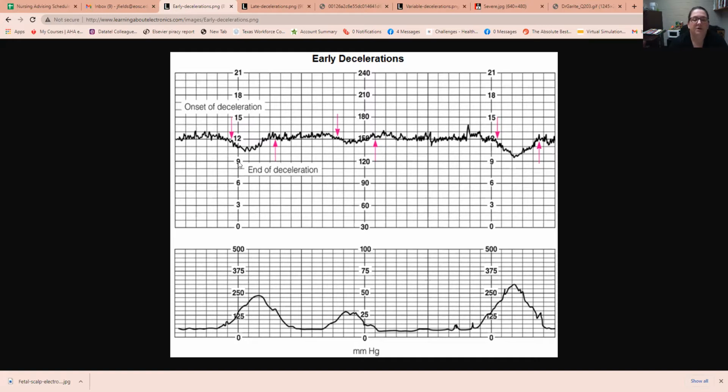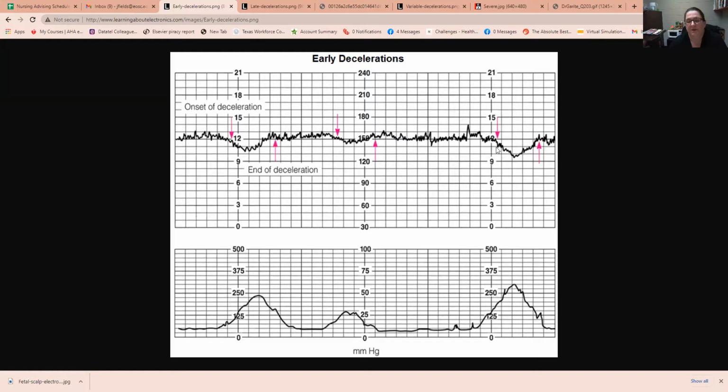But we have some early decels. This decel starts as the contraction starts. It ends as the contraction ends. So if you're not sure if a decel is early or late, and we're going to look at lates in a minute, you look at where that's recovered to baseline and you draw a line down. And if it's past the contraction, it's late. This one is recovering with the contraction. Okay.